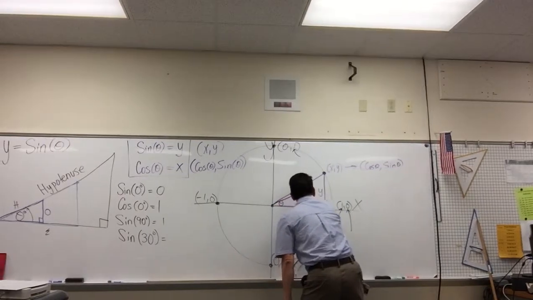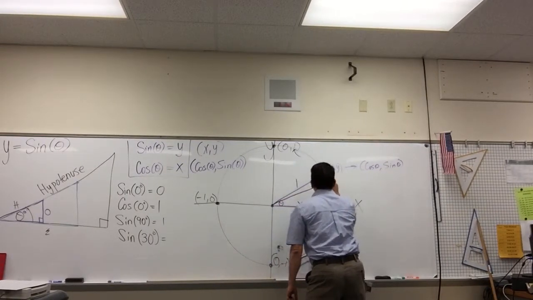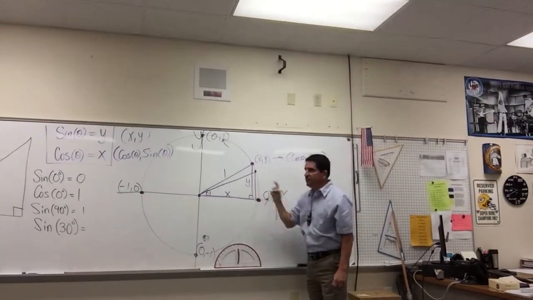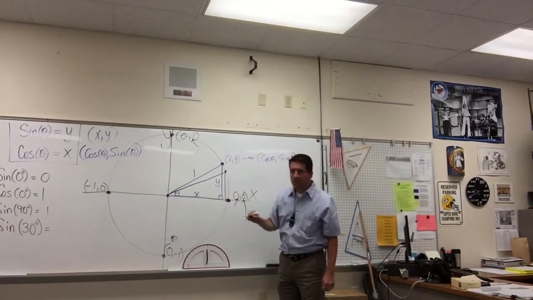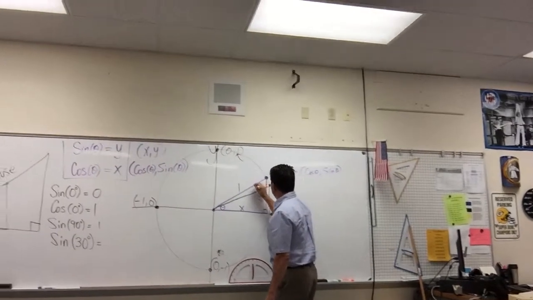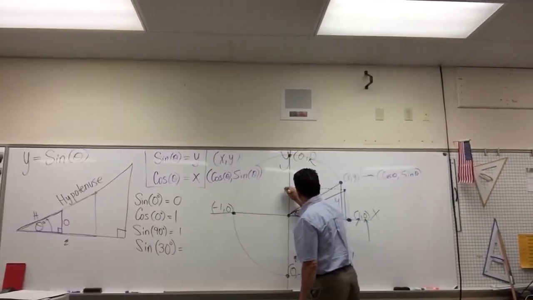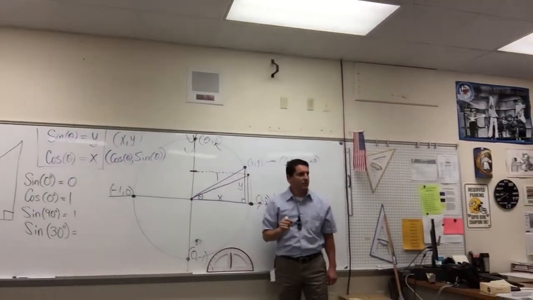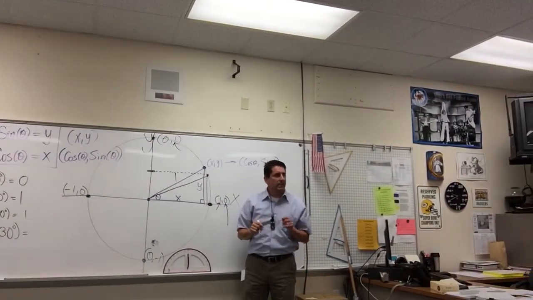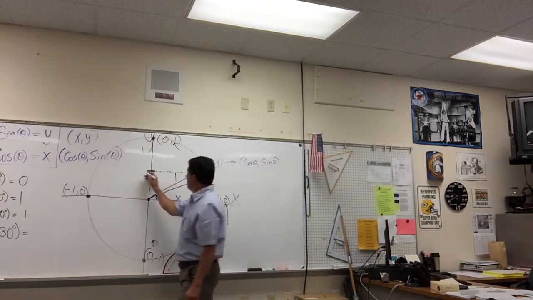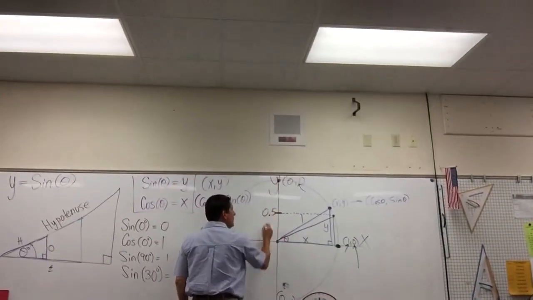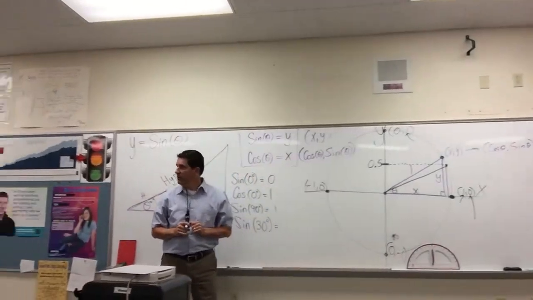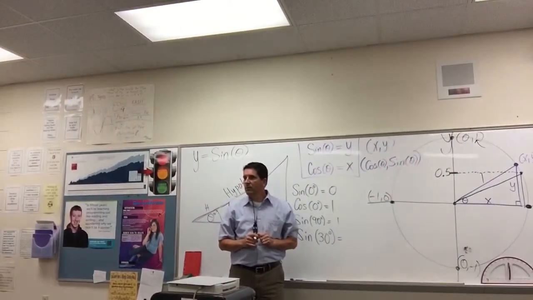This is a 30, 60, 90 degree right triangle, right? The y-coordinate is right here. How high is it up on the unit circle? It's actually exactly halfway. So that's why it's 0.5 for the sine of 30 degrees.